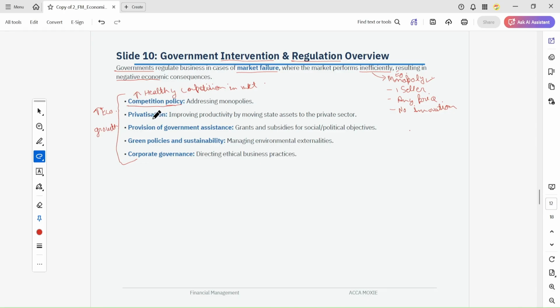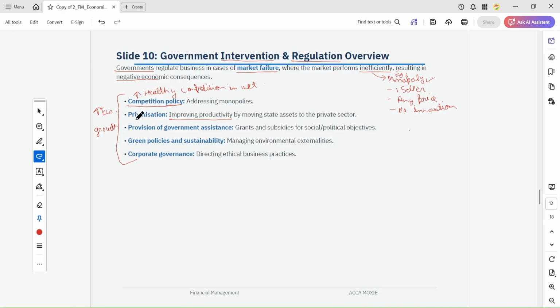Next is privatization. If any organization is run by the government, that organization is definitely inefficient and the productivity is lower than the private organizations. So what does the government do?